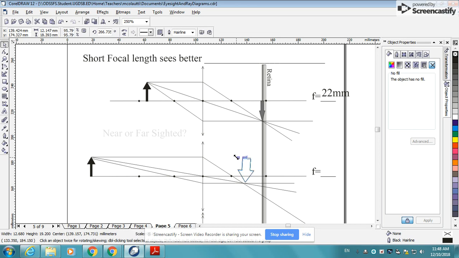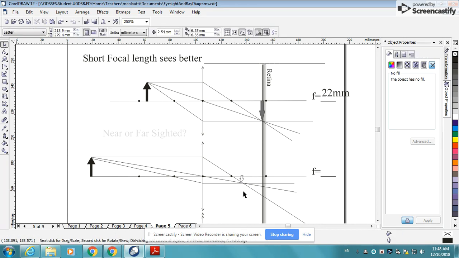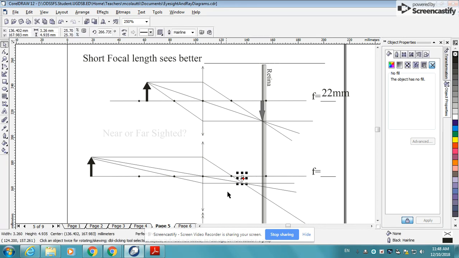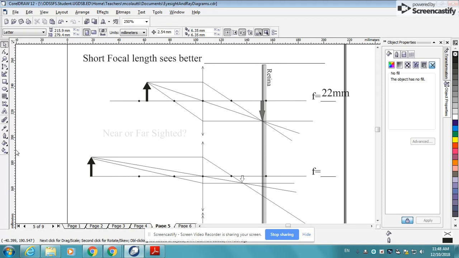So basically, my image is now a really tiny one right here. The fact that the image has gotten smaller is okay. As people get further away from you, the image shrinks. But unfortunately, the formation of the image is now significantly in front of the retina.